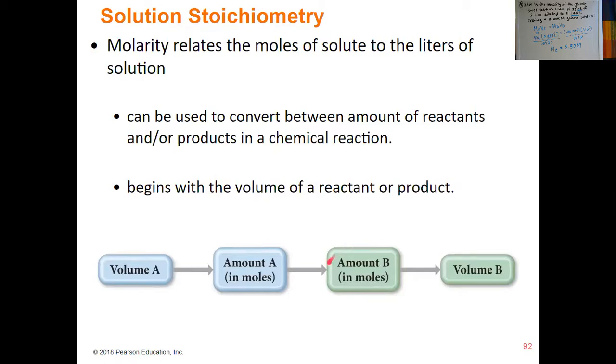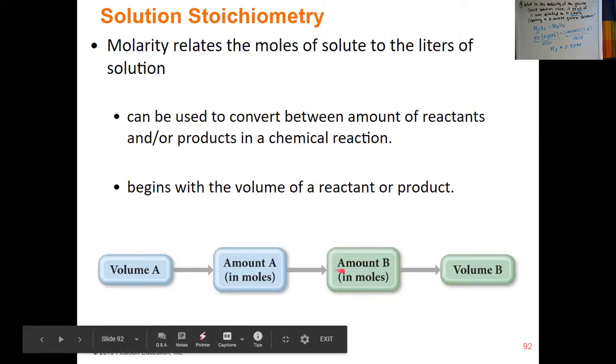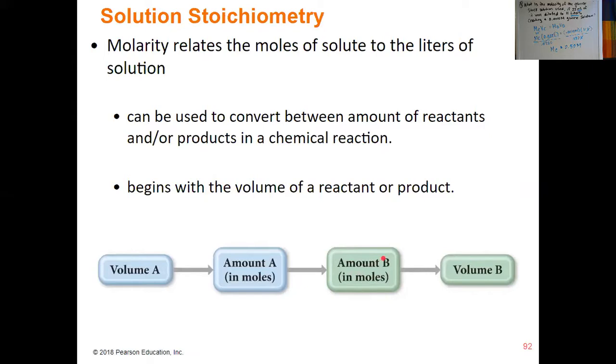Once we have the mole value of that product, then we can use it to find whatever we're looking for. If we're looking for the volume of that thing, we can find the volume of it. If we're looking for a gram value for that thing, we can find the grams of it. Okay? But we're going to be using both relationships. We're using molarity times volume equals moles, and we're using our balanced chemical equation to relate the moles of one thing to the moles of another thing.